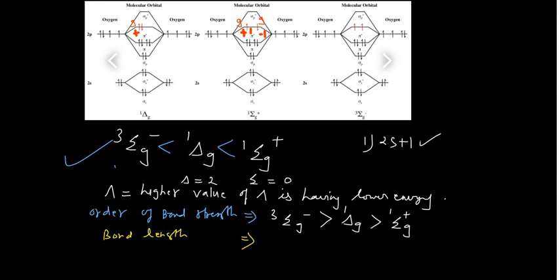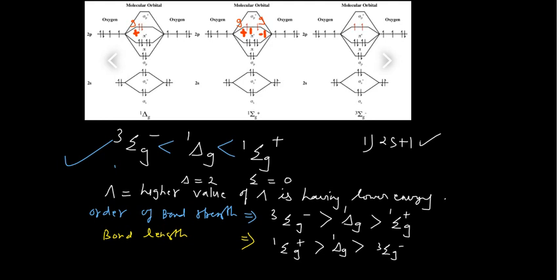So ground state term would have the lowest bond length in that case. That is, if you go for bond length order, so highest bond length would be for this excited state, followed by this, and lowest bond length would be for the ground state, that would be 3 sigma g negative.